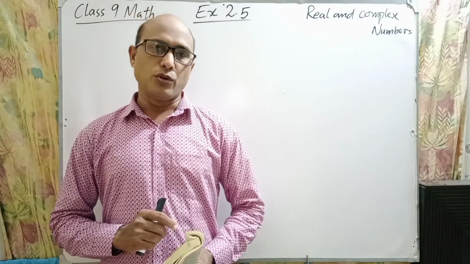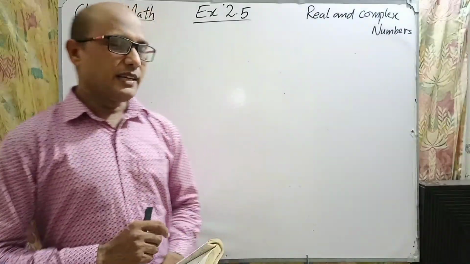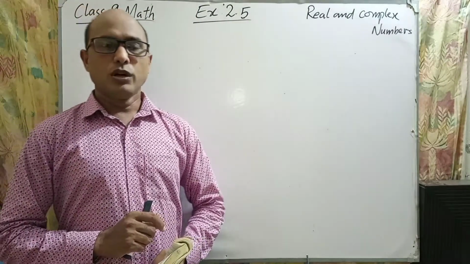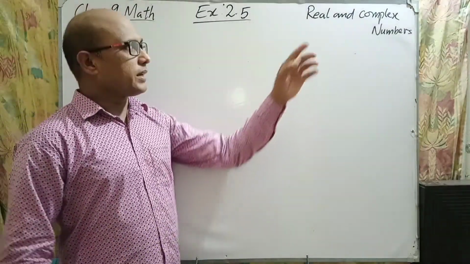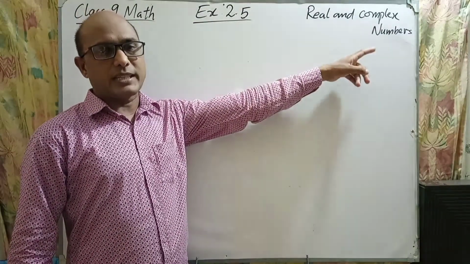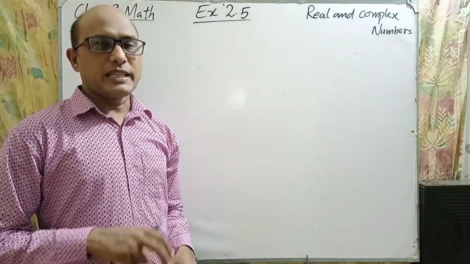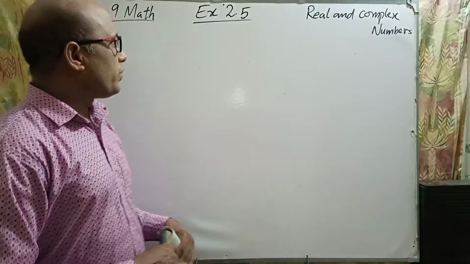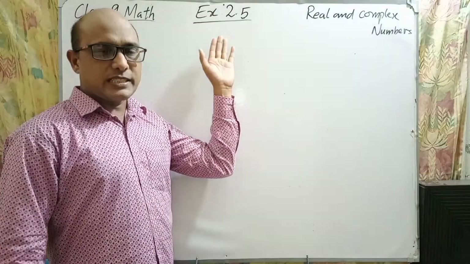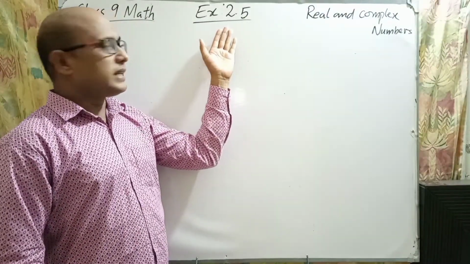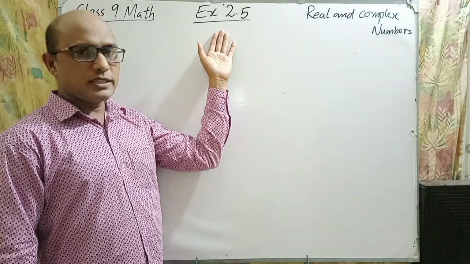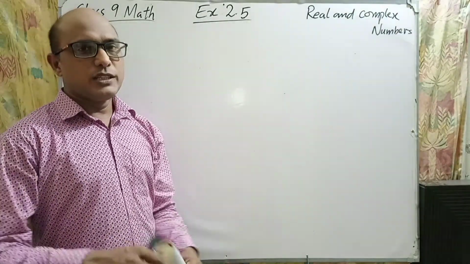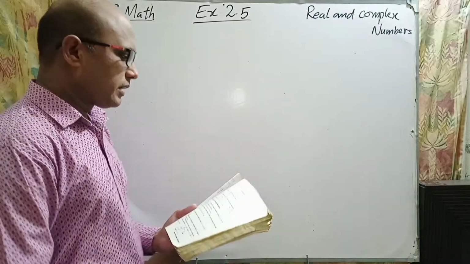So as you know, I have started chapter number 2 of class 9th. The chapter name is real and complex numbers. Students, in the last 3 videos we had done exercise 2.4. Now I am going to solve some questions from exercise 2.5.